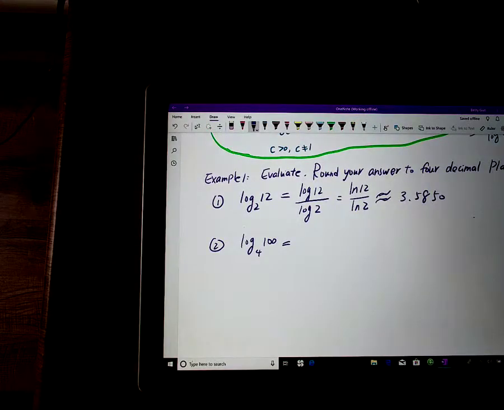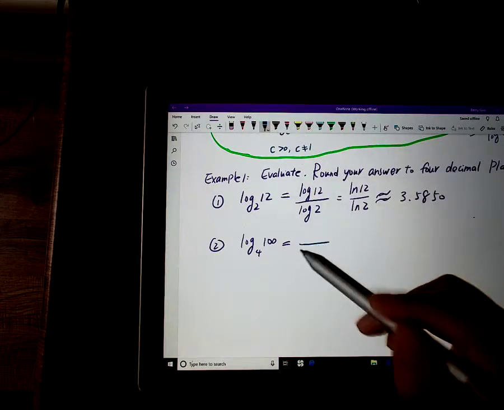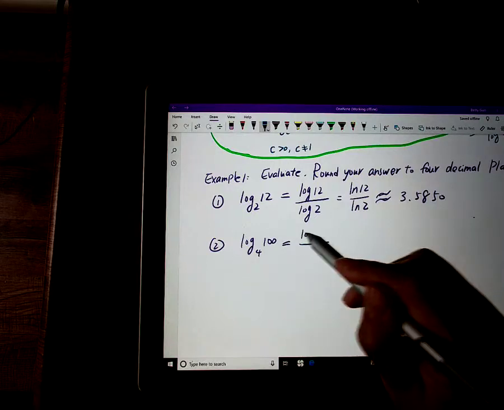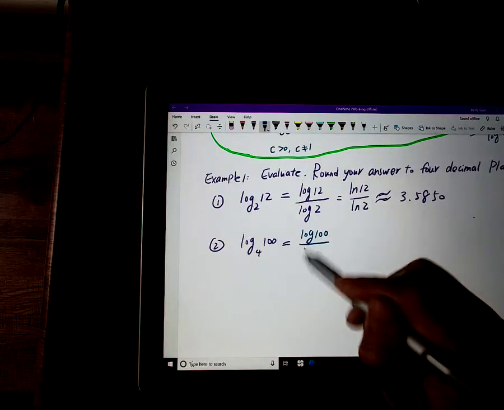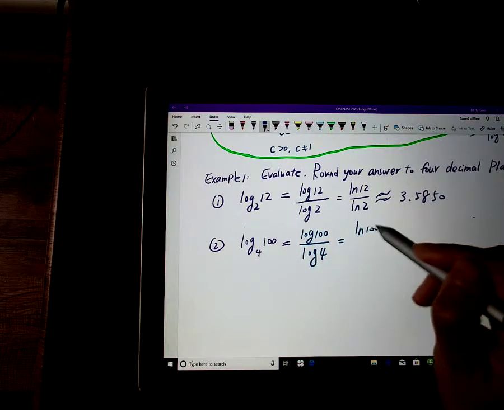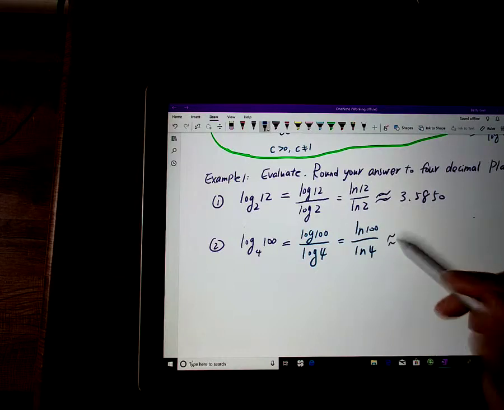Number 2, log with base 4 of 100. We're going to apply the same procedure, right? Apply the change of base formula. Rewrite this logarithm either as a common logarithm of 100 over common logarithm of 4, or natural logarithm of 100 over natural logarithm of 4. Let's see what we have.